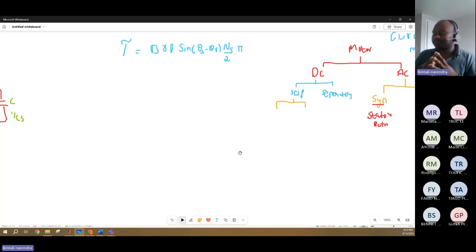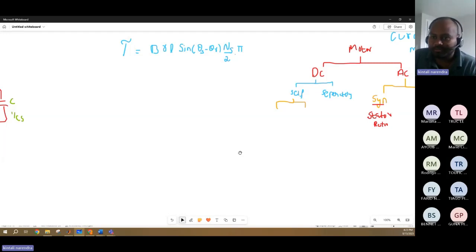See, for example, if you take any DC motors, what we see is a conductor and a field. A magnetic field and a conductor, that's the reason why they are rotating.